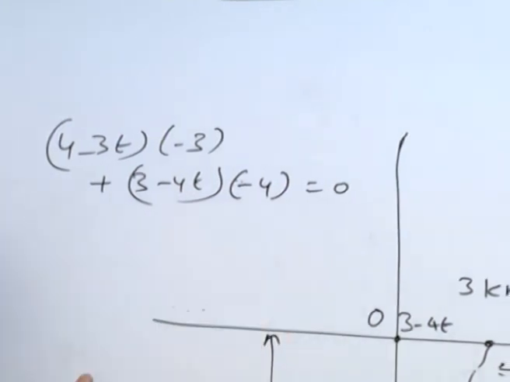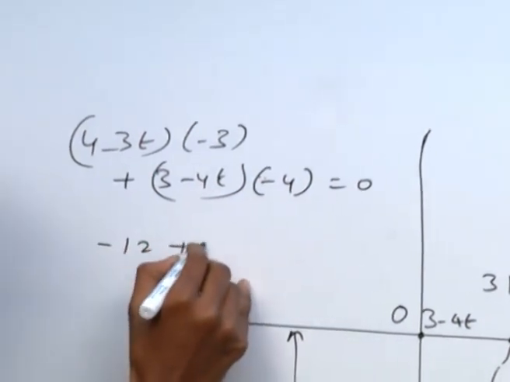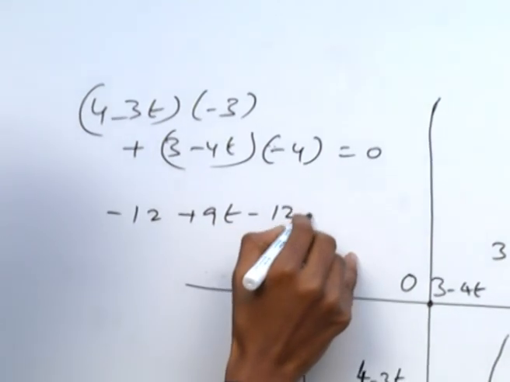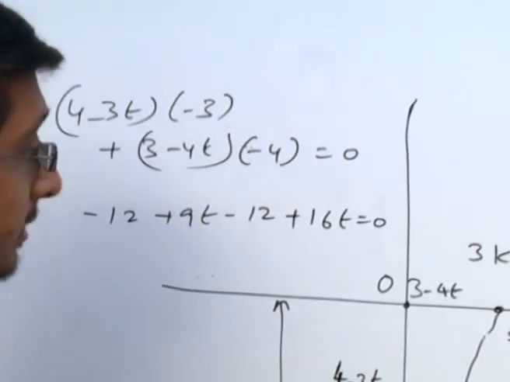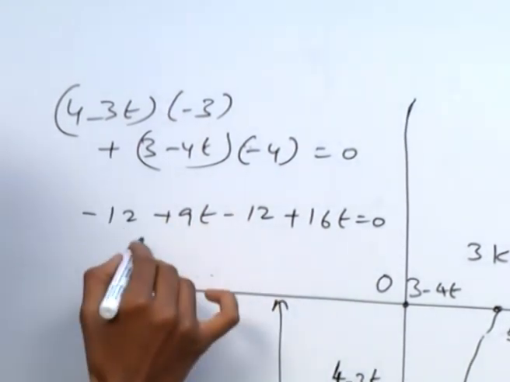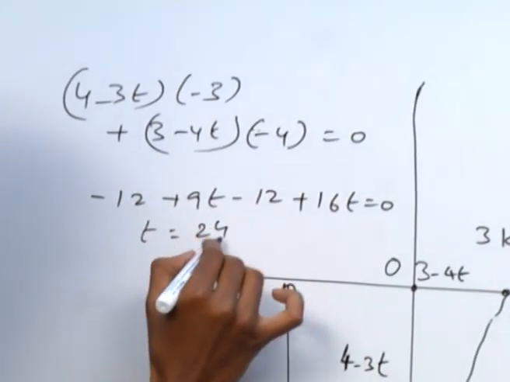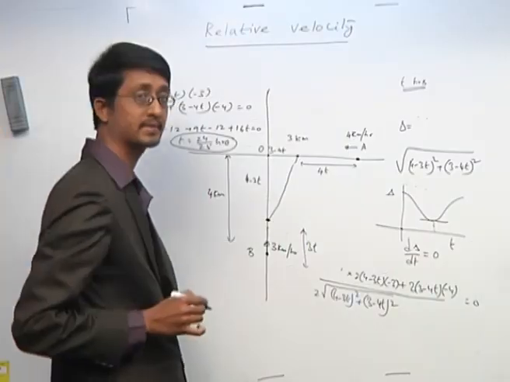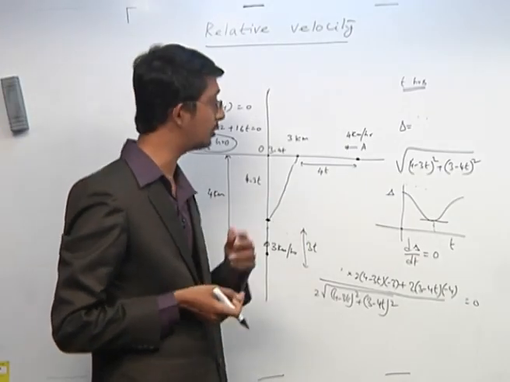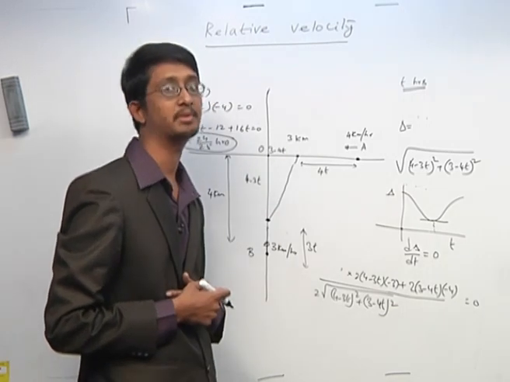If I simplify this, minus 12 plus 9t minus 12 plus 16t is 0, right? So, from here I get t. t is given by 24 by 25 hours. That is the time at which the separation between these two particles is minimum.